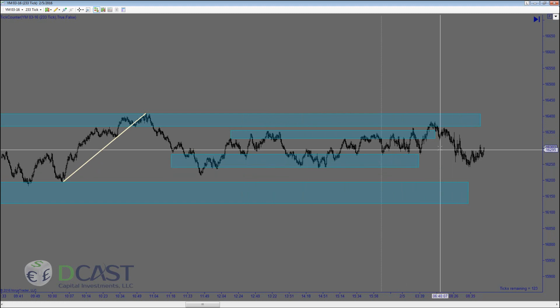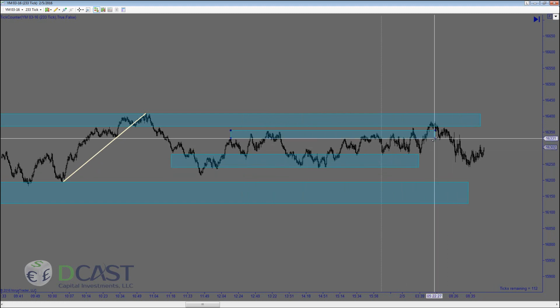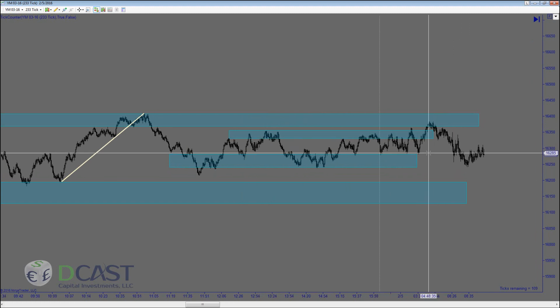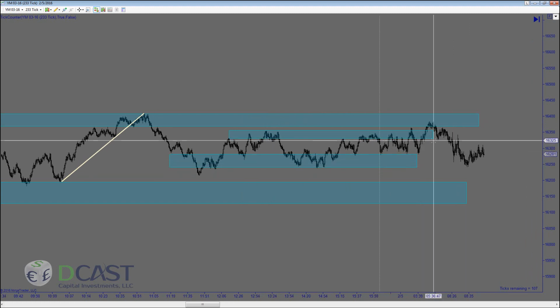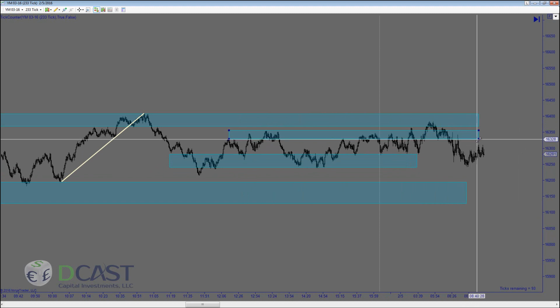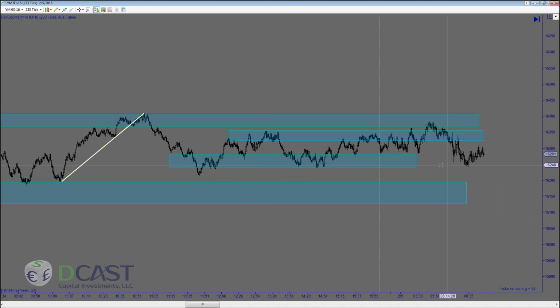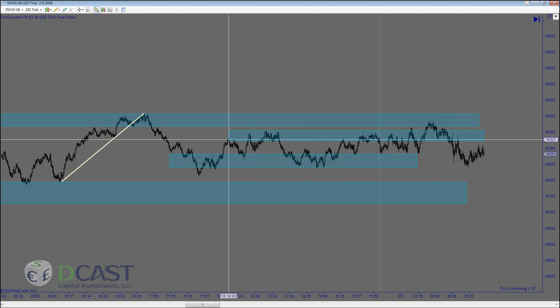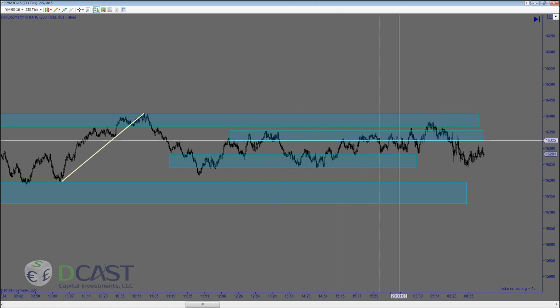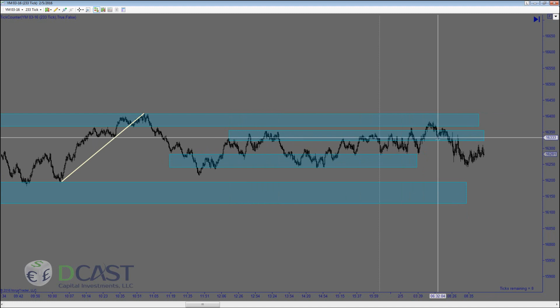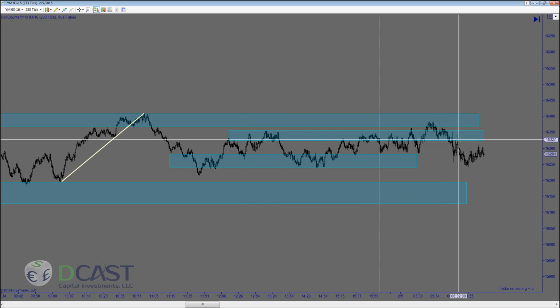What is our expectation? Our expectation now becomes what? Since price made a new structure low, our expectation is for price to not get past this area here. Why? Because we have resistance, a little bit of support, resistance, resistance, resistance, a little bit of support, resistance, resistance.